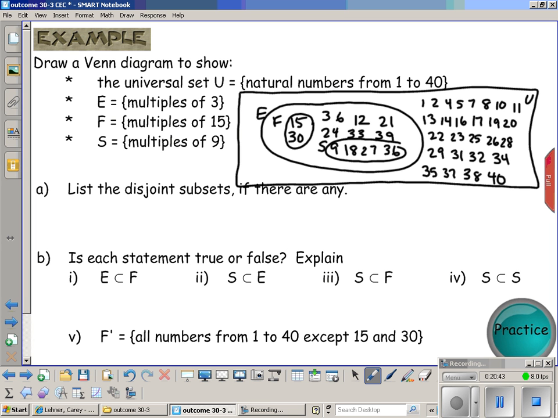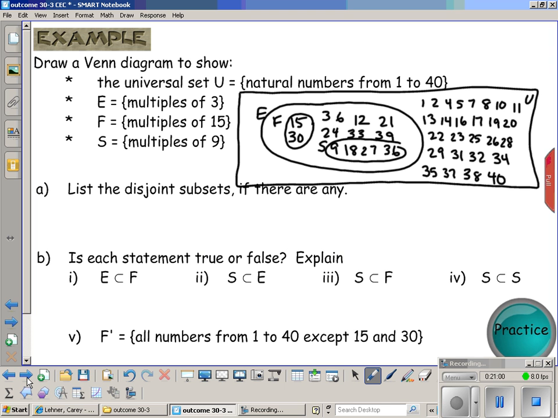So now that we have our Venn diagram, we can answer some questions. List the disjoint subsets, if there are any. Now when we think about the sets that we define, they're all in the ovals.